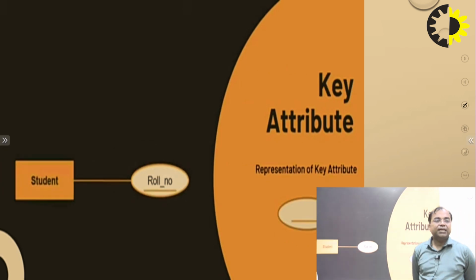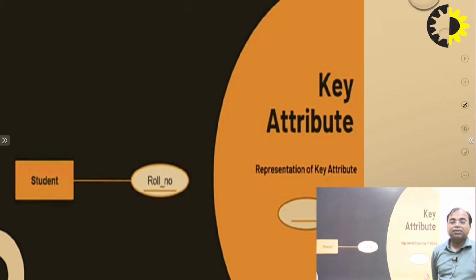Next is key attributes. So what is a key attribute? Basically, in every table of a database there must be some uniquely identifying column, which must uniquely identify every row in the database, and that is known as a key attribute.